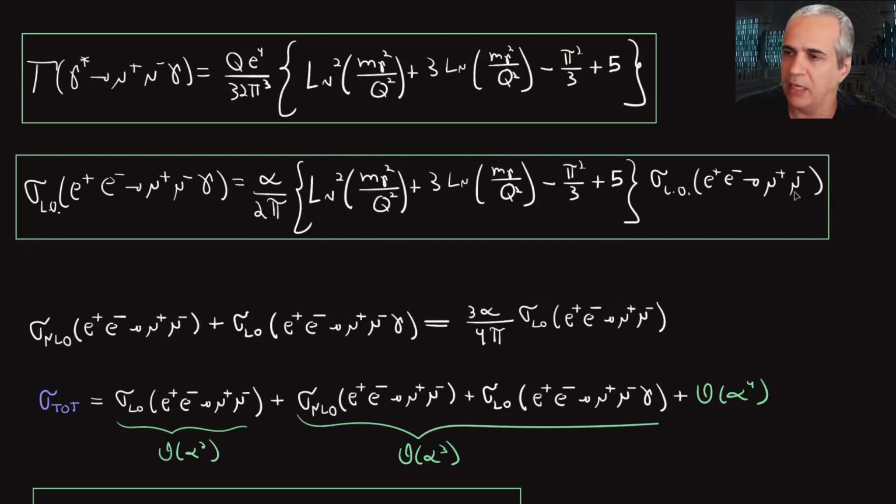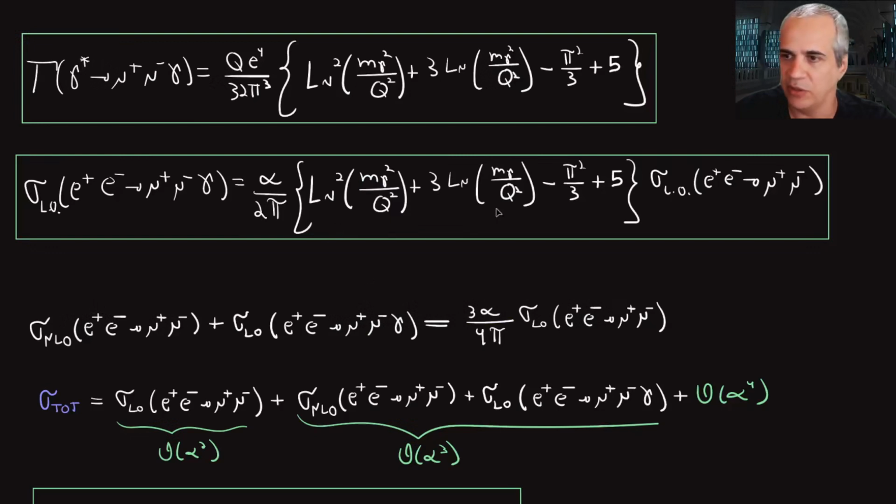That means that if I add this new correction to the one I had before for the next to leading order, which was infrared divergent, and this is also infrared divergent, all the logs cancel away, and you get something that is infrared finite now.